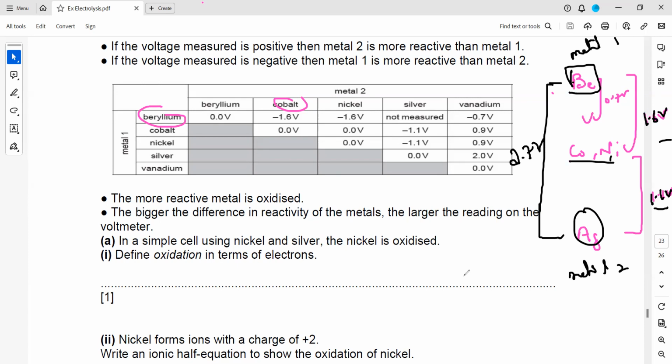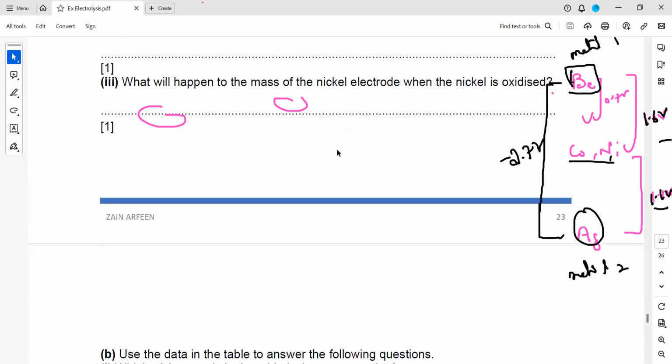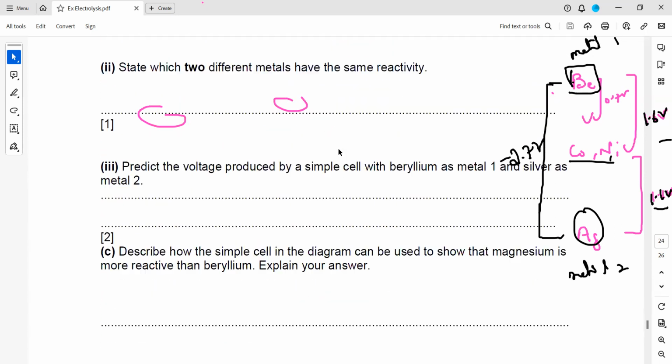And what about the sign? Will it be positive or negative? Because if metal 1 is more reactive, it must be negative. So what is the voltage produced, or the reading on the voltmeter? We'll say it is minus 2.7. Why is it 2 marks? 1 mark is for mentioning 2.7 and 1 mark is for the negative, because I mentioned beryllium is metal 1 and silver is metal 2.